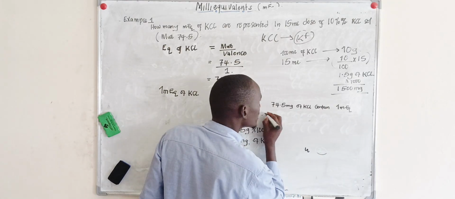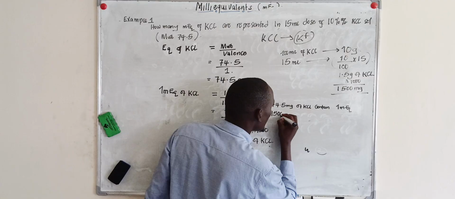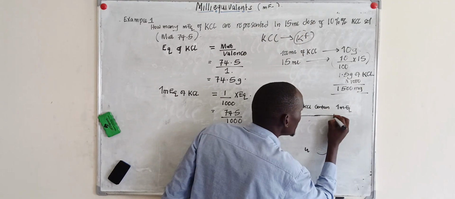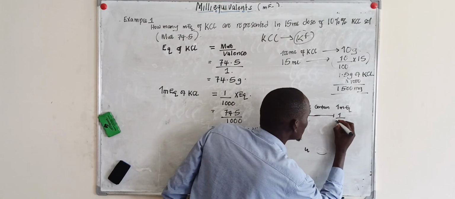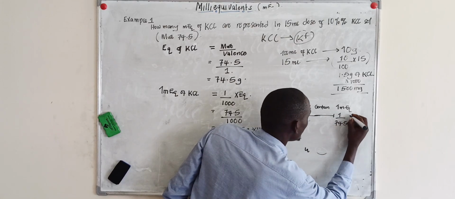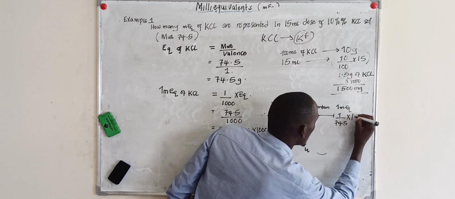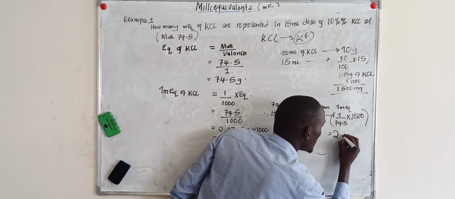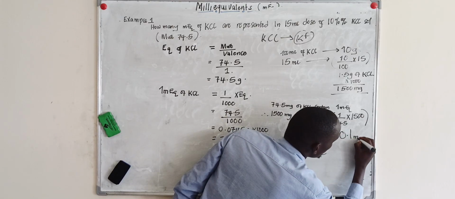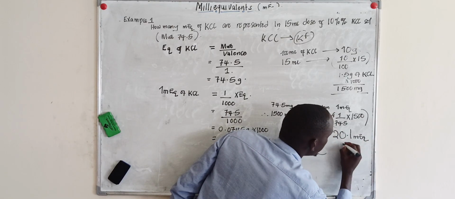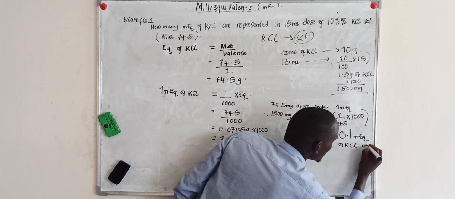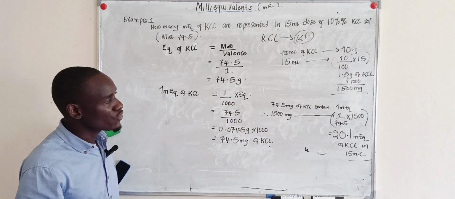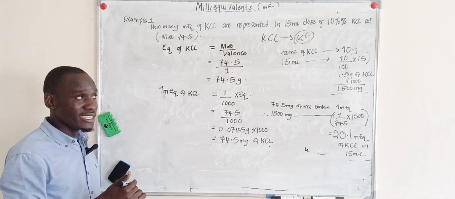How about the 1,500 milligrams in the 15 ml dose? This will contain 1 over 74.5 times 1,500, and when you compute this, we get approximately 20.1 mEq of potassium chloride in 15 ml, and that is how we can go about a question of that nature.